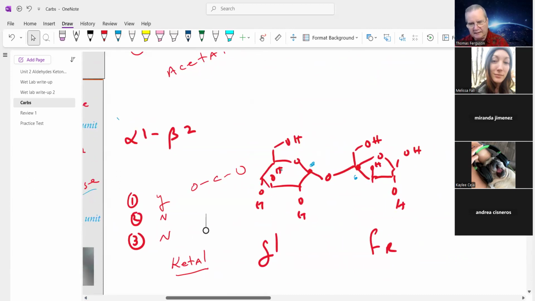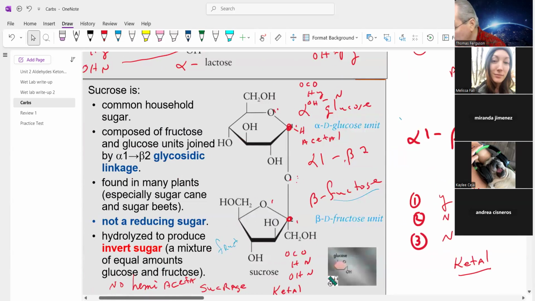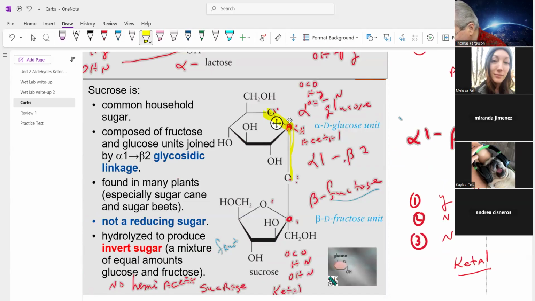So the only, let's see, here is the OCO, and here's the other one. Let's do that in another color here. So we have two OCOs, just like the other disaccharides. This, though, neither one of these has an OH group.